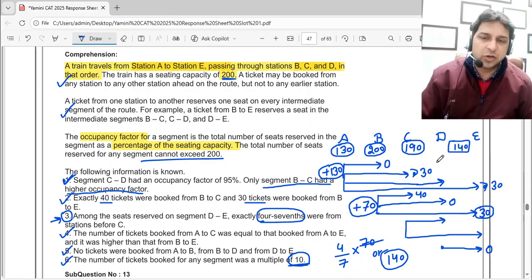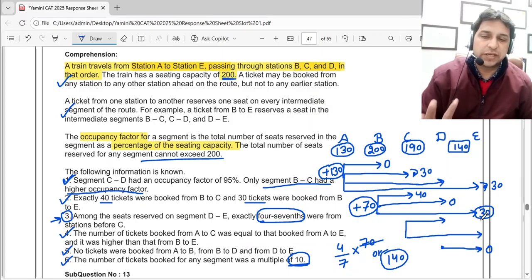Now that makes it quite clear that there are a total of 80 people who have booked the ticket from either A to E, which we don't know, or from B to E, which we know is 30.